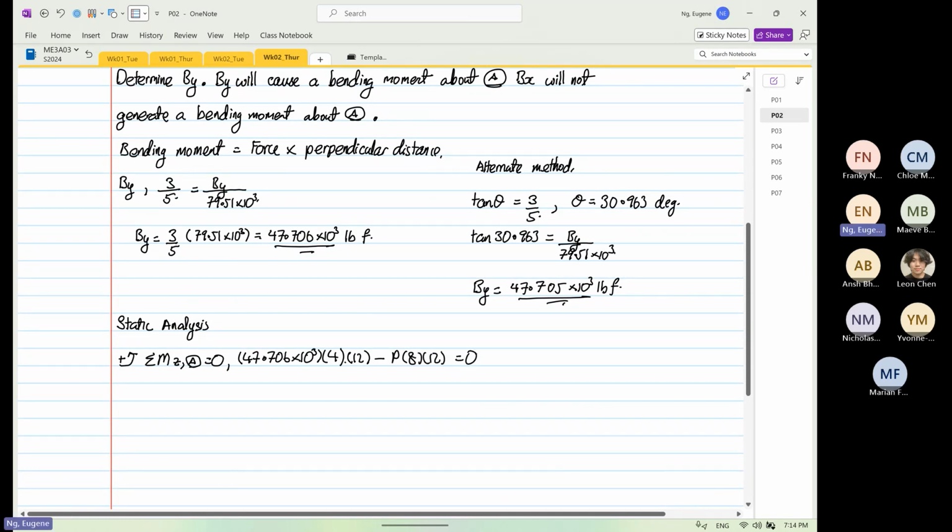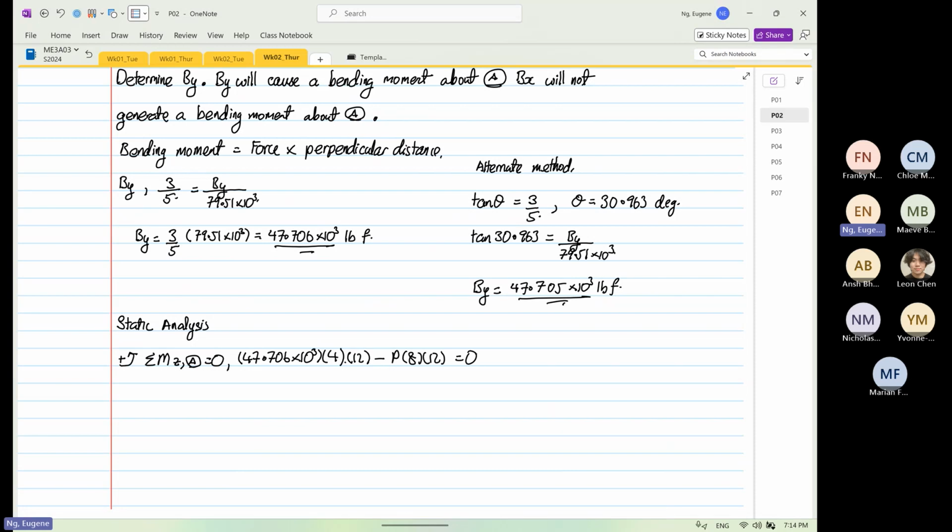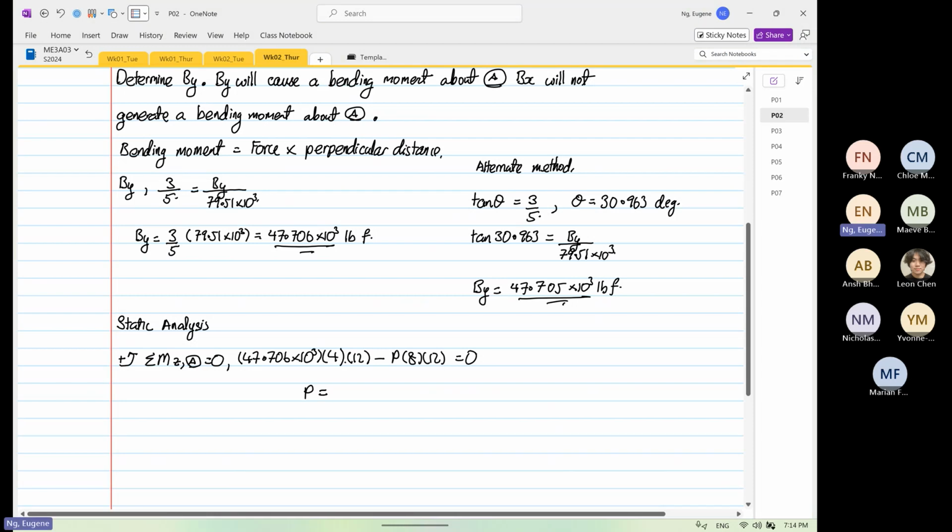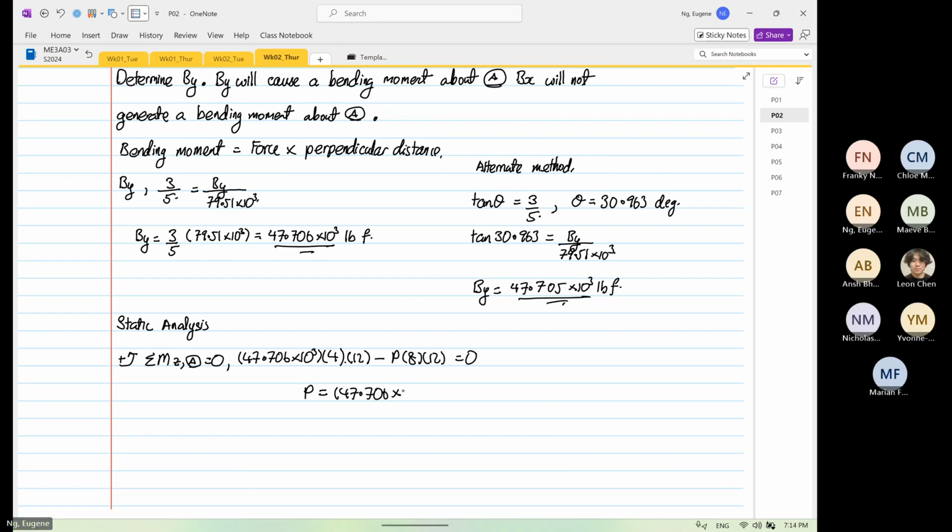The whole thing is equal to 0. So from here, P will be equal to 47.706 times 10 to the power 3 multiplied by 4 multiplied by 12 divided by 8.